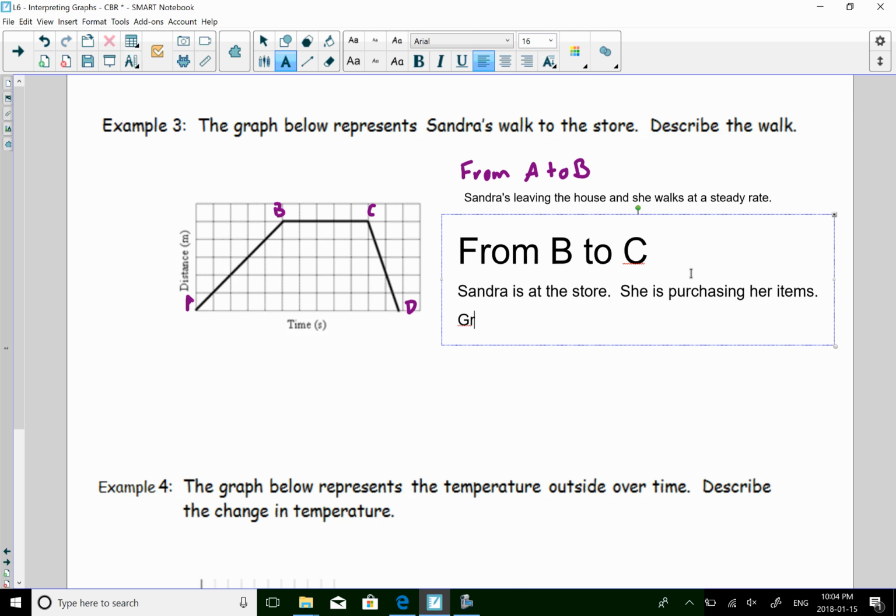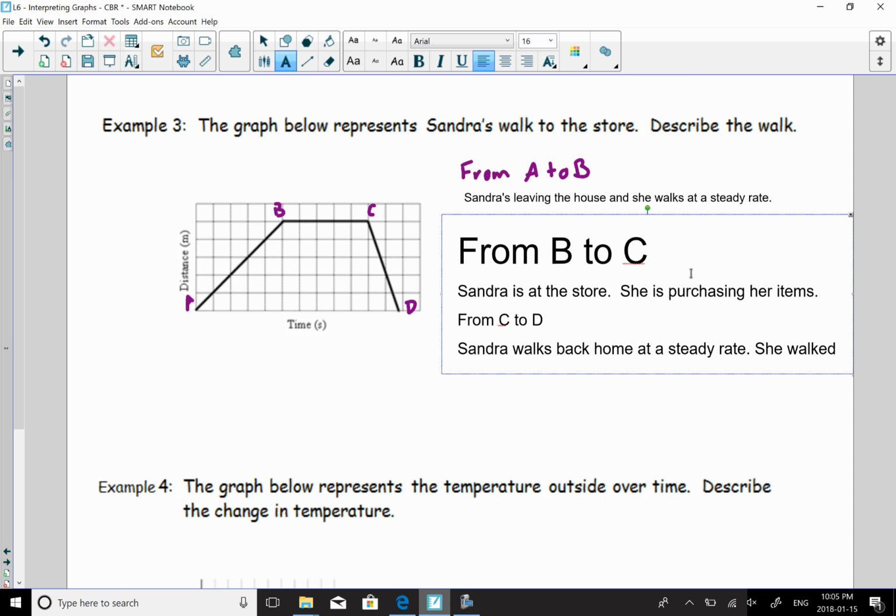And then from C to D, Sandra walks back home at a steady rate. And since it's steeper than from A to B, we're going to say she walked faster. She walked home faster than she walked to the store.